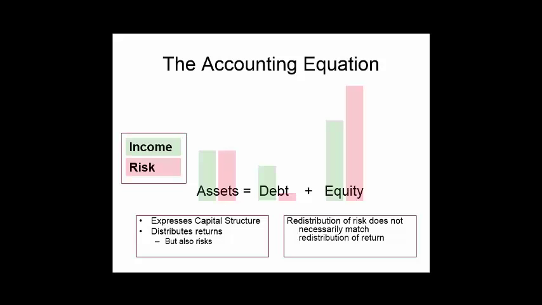That total return must exceed the cost of debt. And so the green bar, the return to debt, the interest payment, will necessarily be lower than the return on the assets. Otherwise, the funding strategy will be a failure.